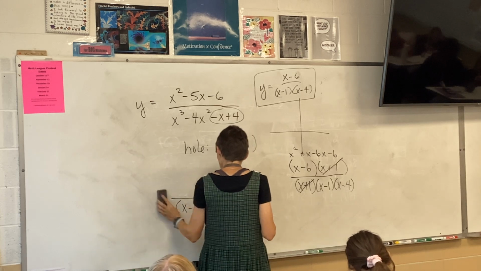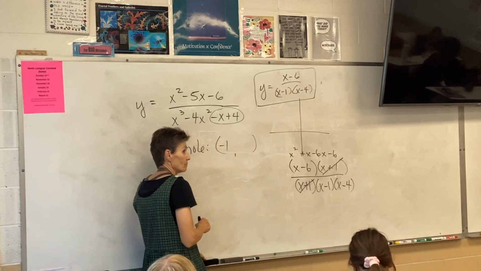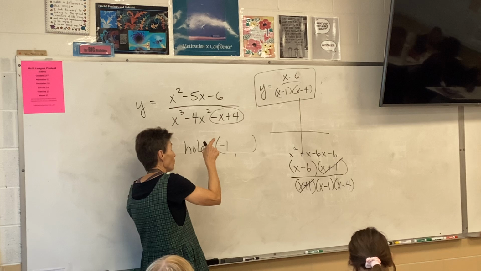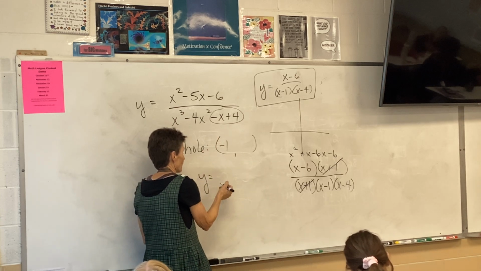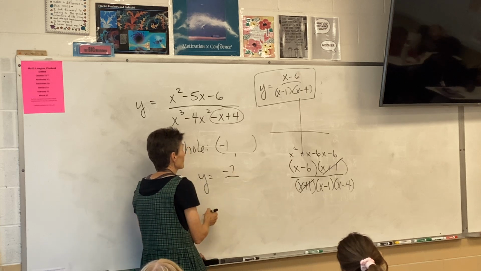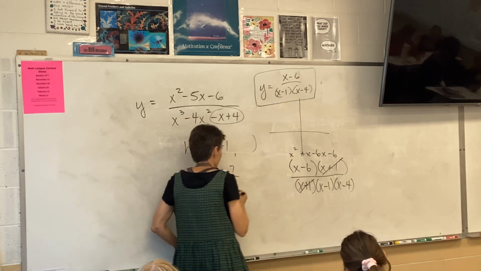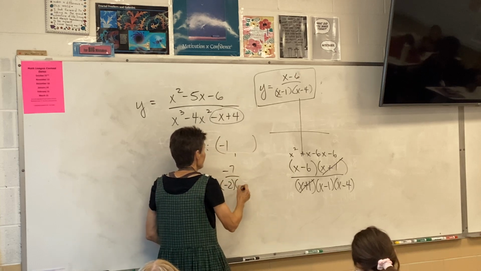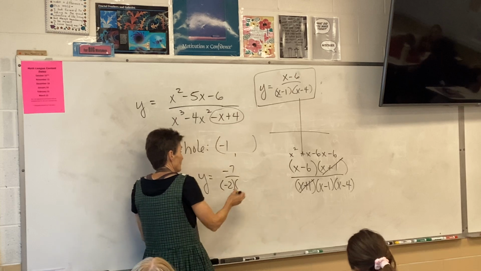So what am I plugging in? Negative 1. So what's negative 1 minus 6? Negative 7. What's negative 1 minus 1? Negative 2. And what's negative 1 minus 4? Negative 5.